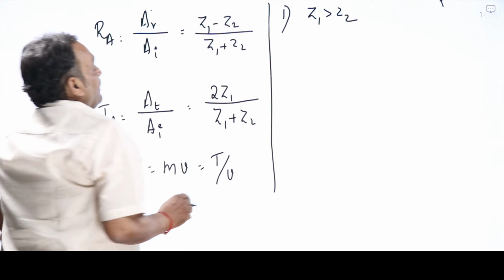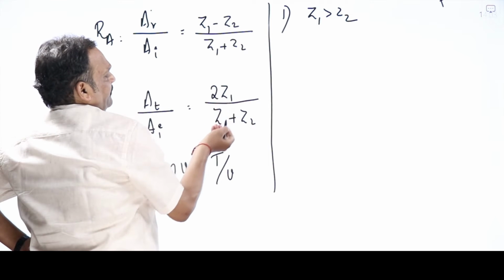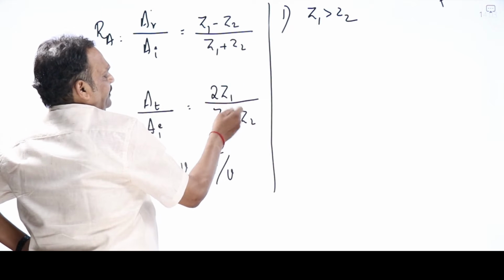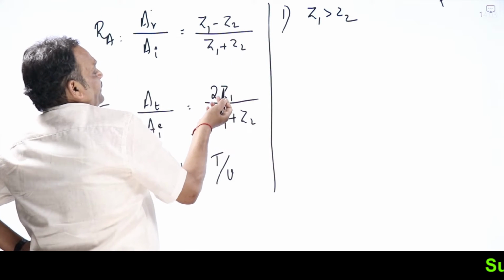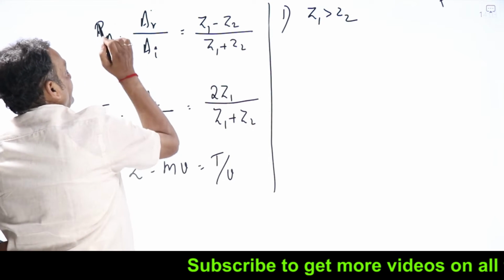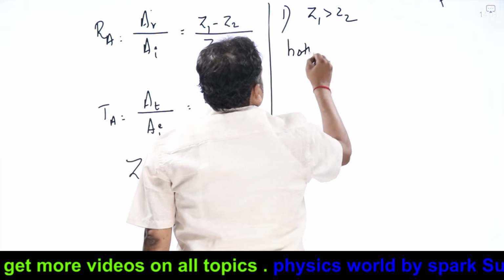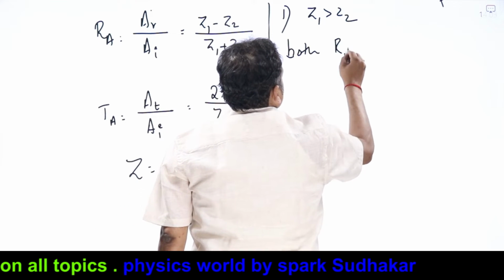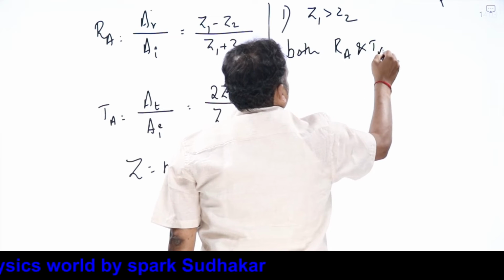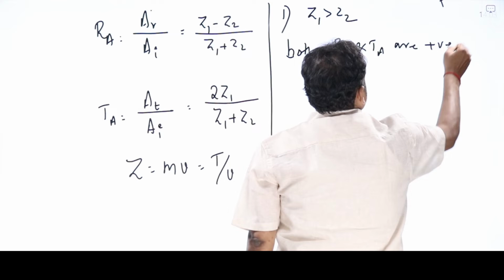And also the transmitted wave. Let Z1 be greater than Z2 or Z2 be greater than Z1, the denominator is always positive. For the Z1 greater than Z2 case, TA is positive and RA is also positive. That is, in both cases, both RA and TA are positive.